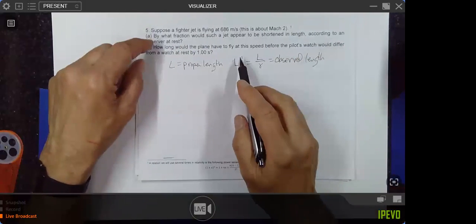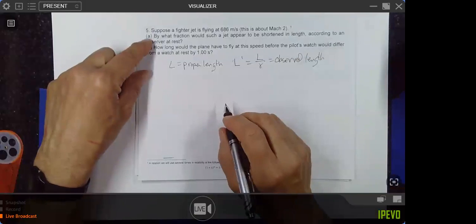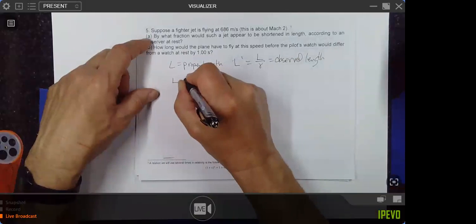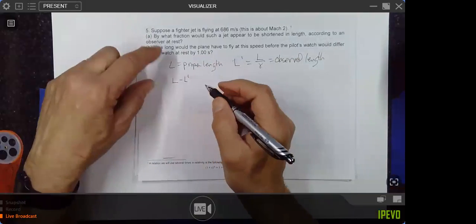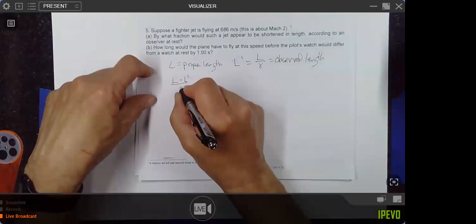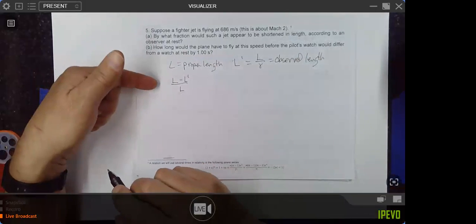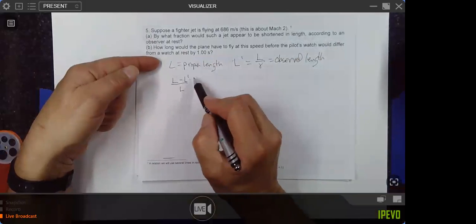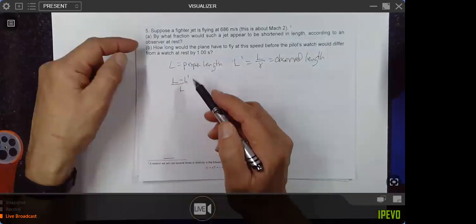And we want the fraction it would appear to be shortened in length. Well, the amount that it appears shortened in length is L minus L prime. The fraction is if I divide that by the ordinary length. Sometimes we'll put a subscript of 0 on the proper length. I'm just leaving it without a prime on there.